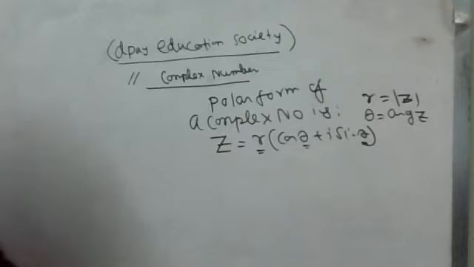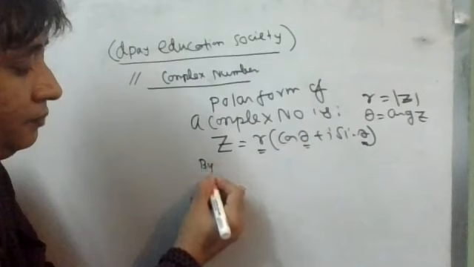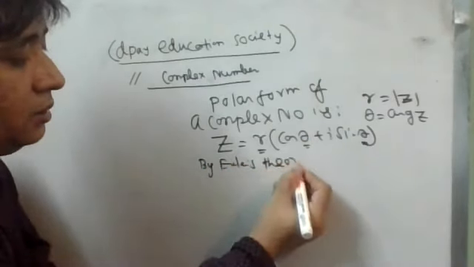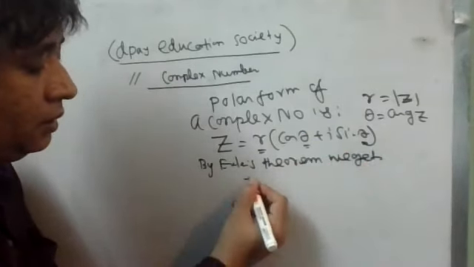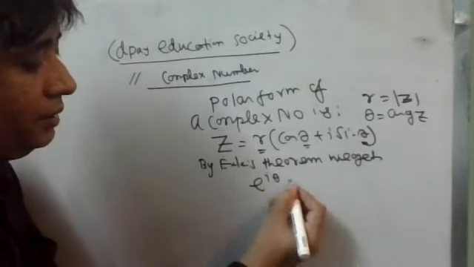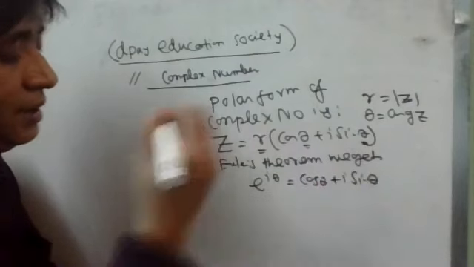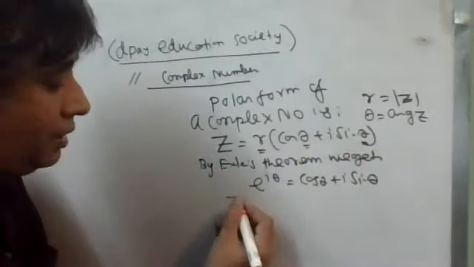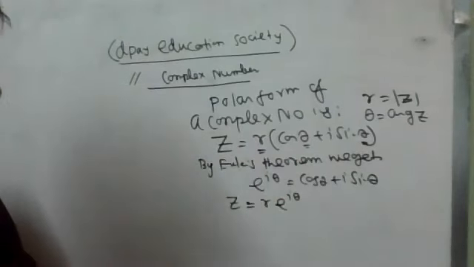Now, last day I told you that by Euler's theorem, we get e to the power i theta means cos theta plus i sin theta. So instead of this value, I can write r e to the power i theta.